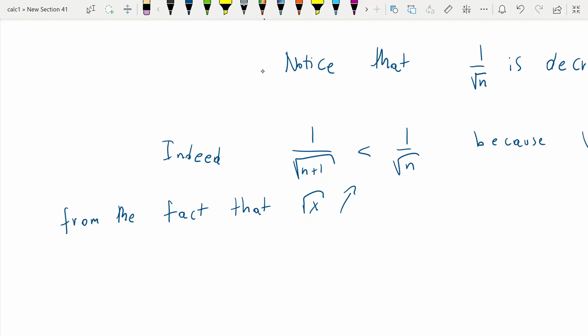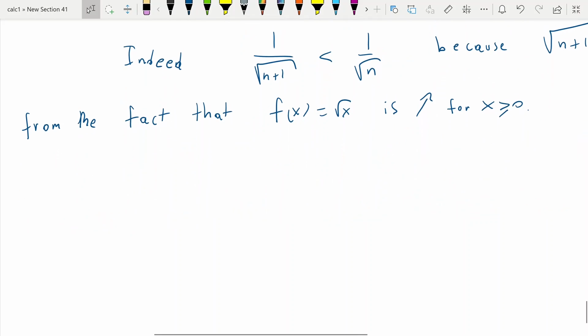So let me write it more formally. f of x is, this function is not defined for negative values, and is increasing for x greater than 0. You can include 0 if you want. Now, why is this true?